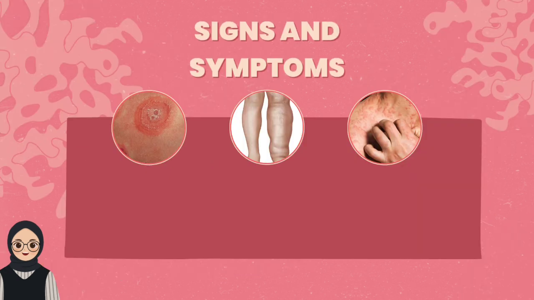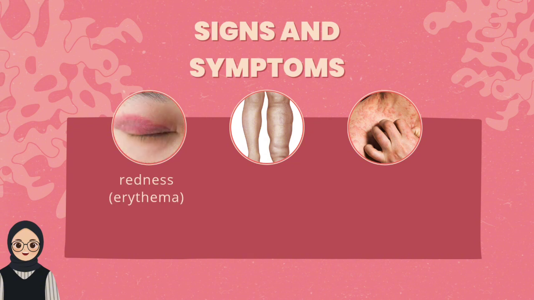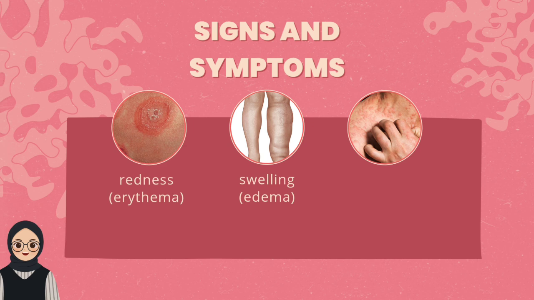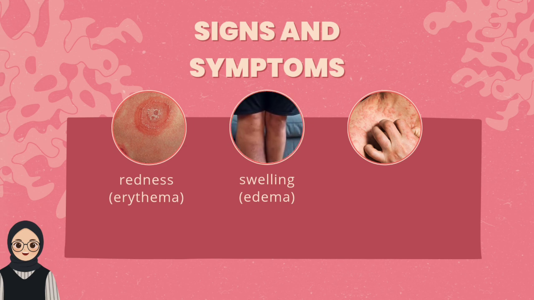Next is signs and symptoms. First is redness, which is erythema. It is a cardinal sign of inflammation caused by bacteria and it is an allergic reaction. Second is swelling, which is edema. It is a condition where fluid retention or dropsy is caused by an excessive amount of fluid trapped in the body's tissue.